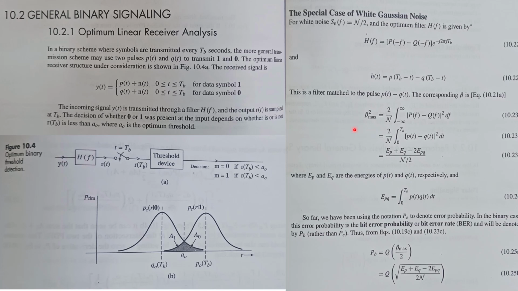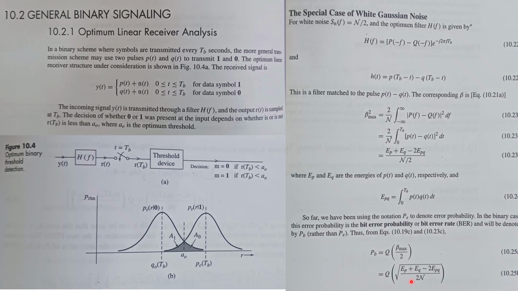First find this beta max square, that is 2 by N0, integrated from minus infinity to infinity, in order to find the SNR. So here is your SNR. After finding this SNR value, you can put it here: probability of error is equal to Q of beta max by 2. So finally this is the probability of error for your binary signals.